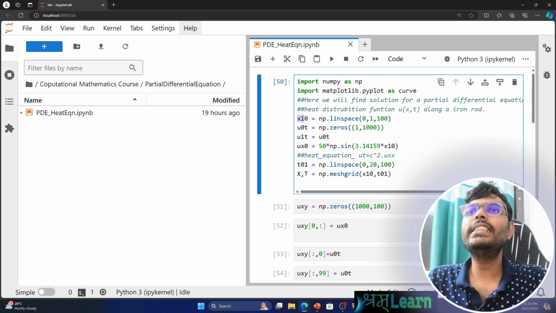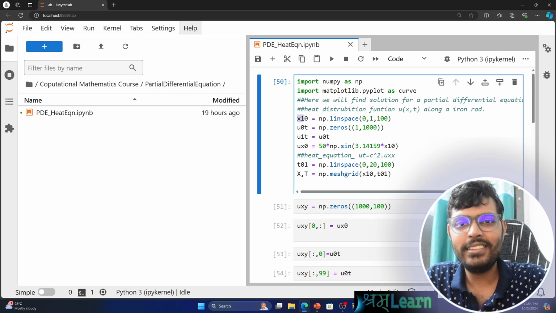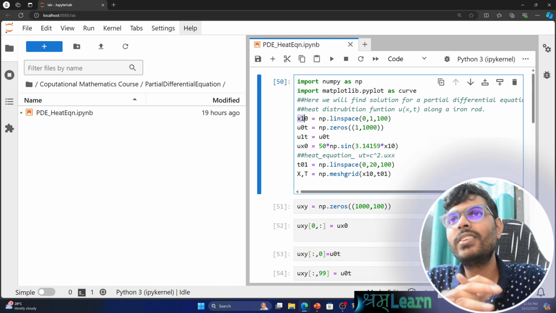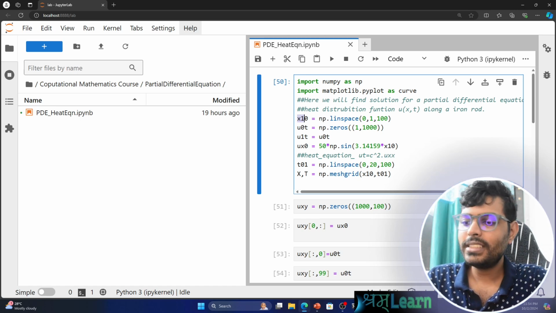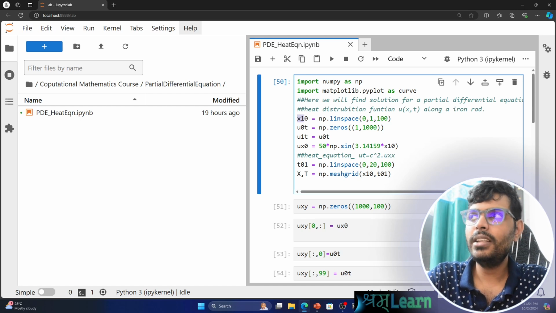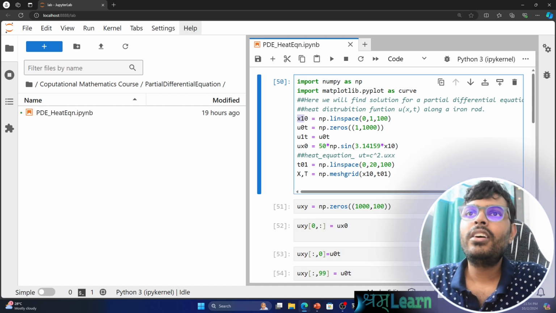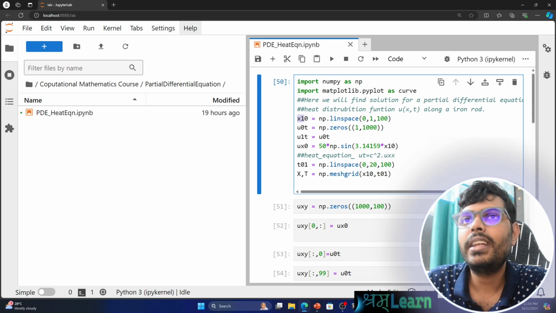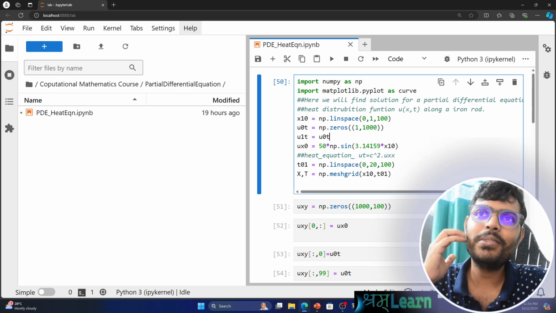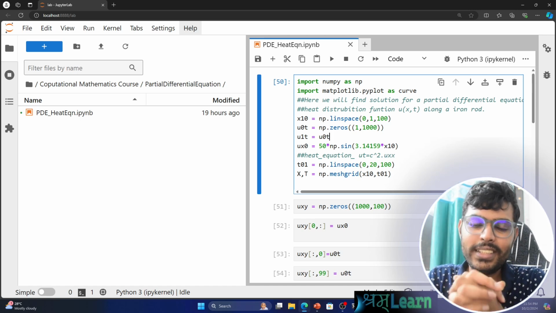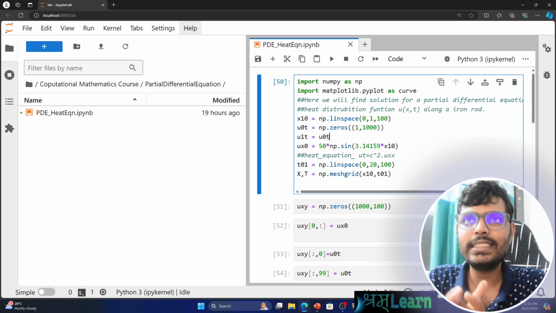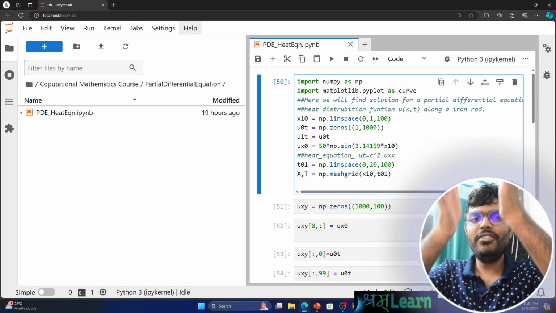I am considering that my rod is 1 meter long, 1 unit long, and I want to compute on 100 points. For 100 points I want to compute what the solutions are. So therefore I have this array over here. Okay, u of 0 comma t. So I have fixed the x's as 0, and I have the t, which is the boundary condition.